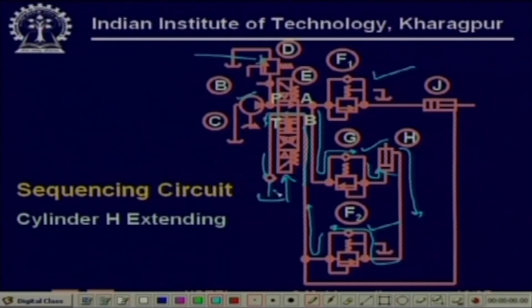Here is tank. So this is the position, and so the cylinder H is extending, going up. This is the first phase of the cycle.